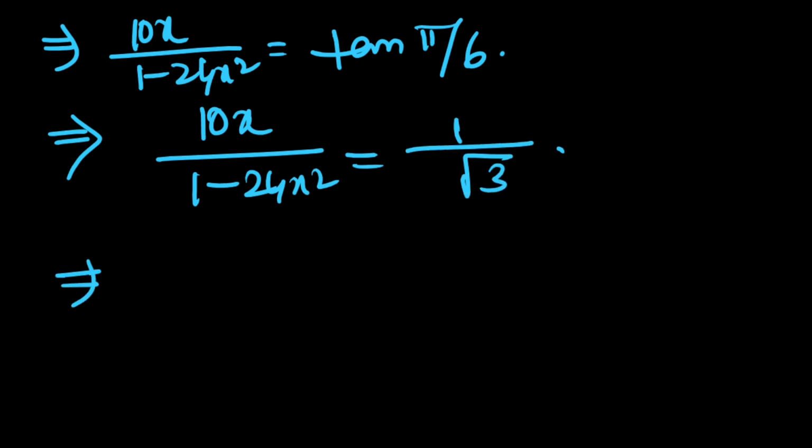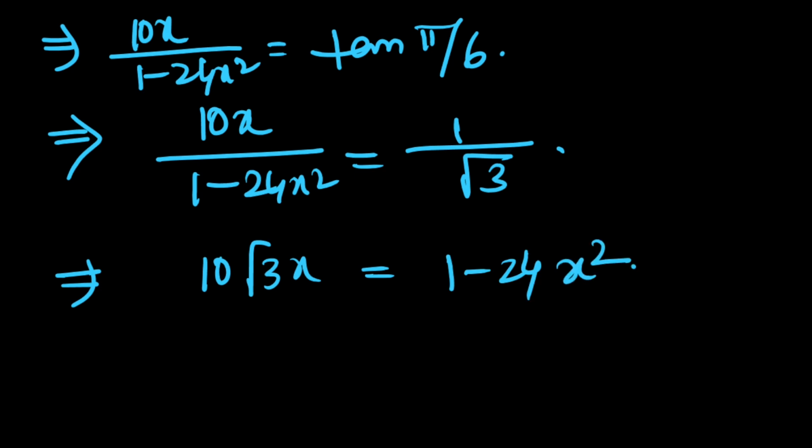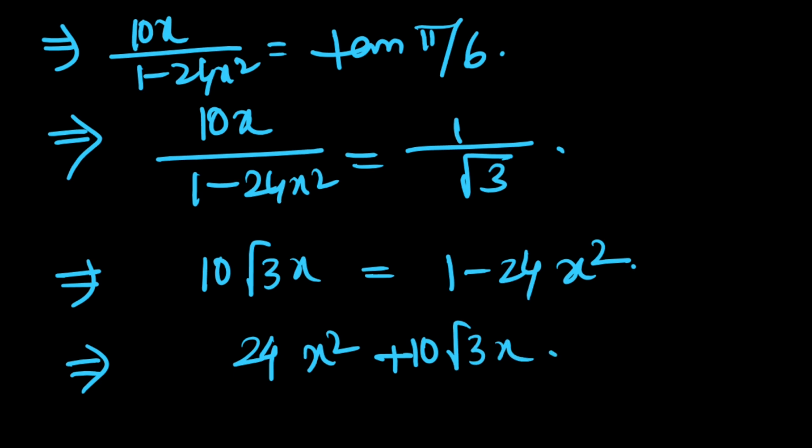Now we cross multiply and simplify: 10 root 3 x is equal to 1 minus 24x square. Taking all terms to the same side, 24x square plus 10 root 3 x minus 1 is equal to 0. So we got a quadratic equation.